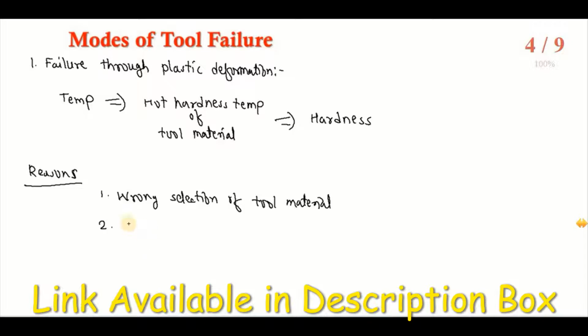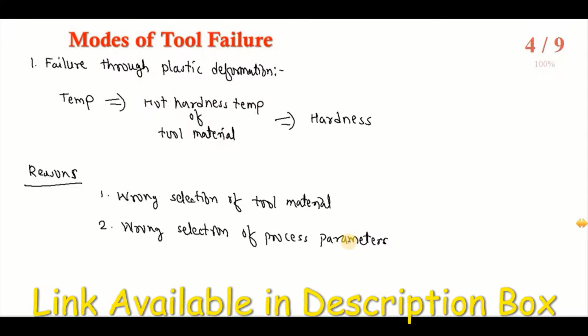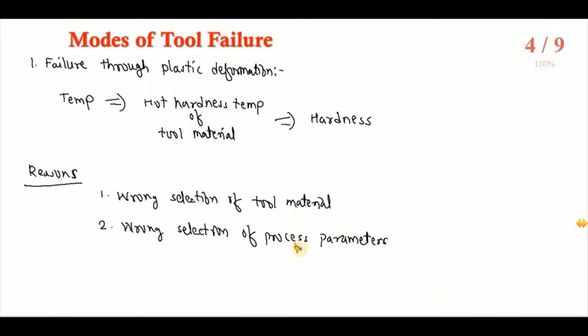The second reason is wrong selection of process parameters. The process parameters which influence the temperature induced in machining are cutting speed, feed and depth of cut.